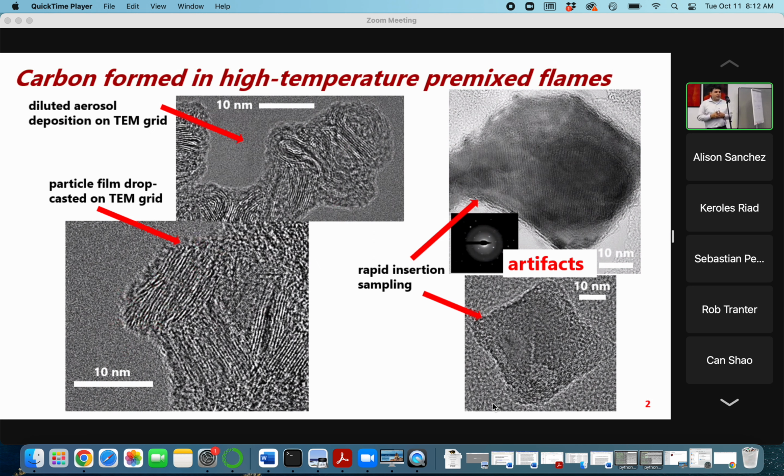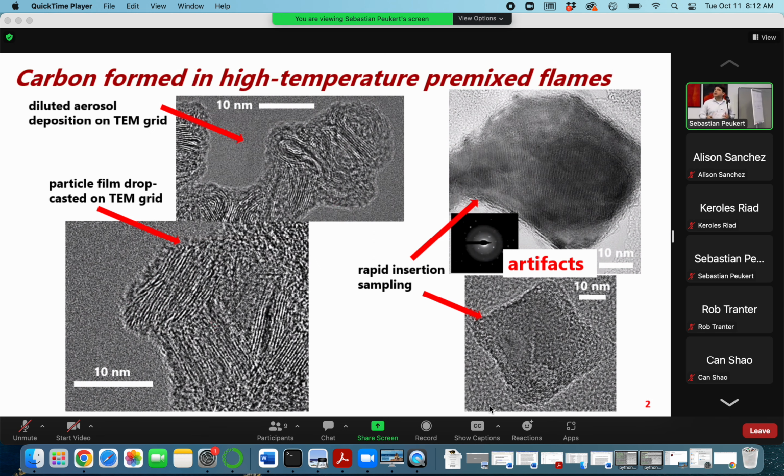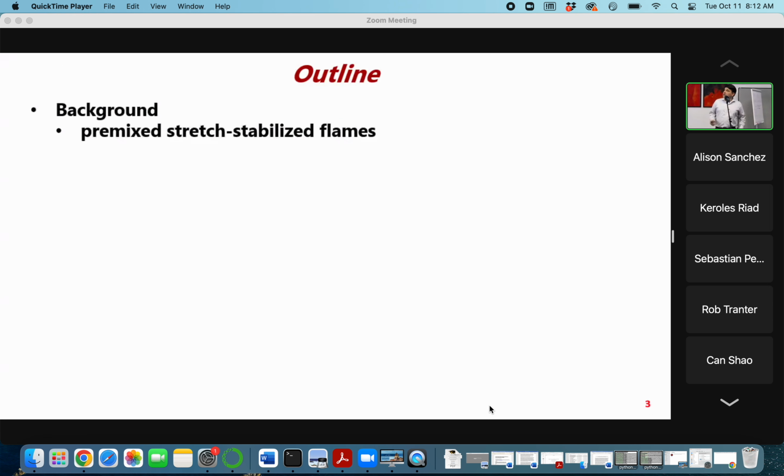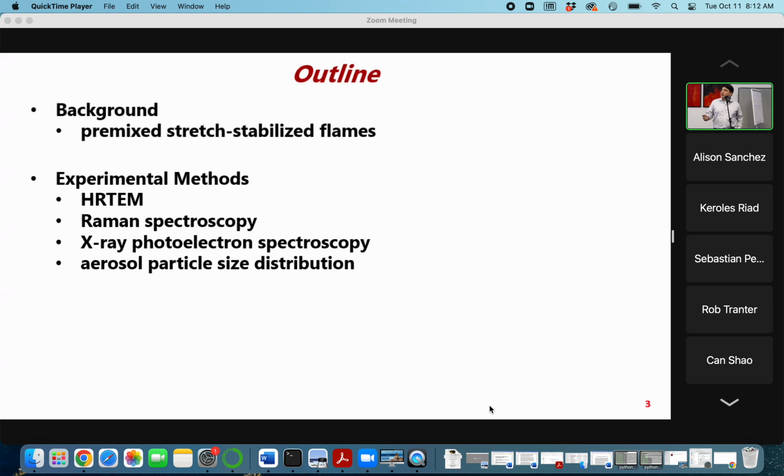So in this talk, I'll look into answering the question: are these actually formed in the flames, or are they artifacts? What is the competition between the actual flame processes and our sampling methods for preparing and analyzing these particles? So the flames that we're using here are called premixed stretch stabilized flames, which allow you to access these higher temperatures than normal flames.